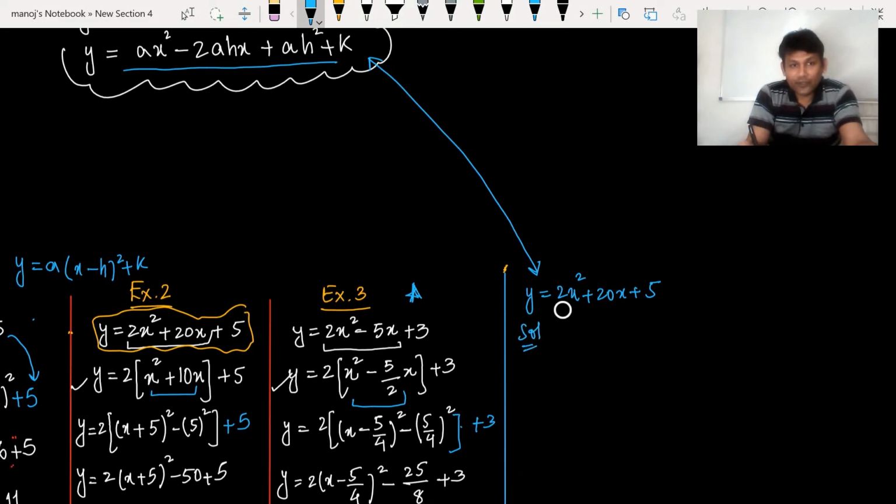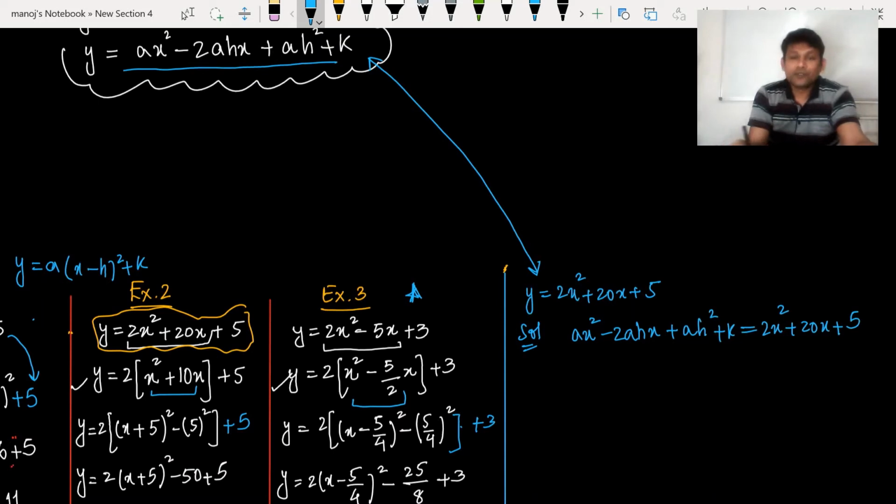And I have to copy the whole equation, ax square minus 2ahx, and students can just remember this equation by heart, and you can write equals to the whole equation, 2x square plus 20x plus 5.